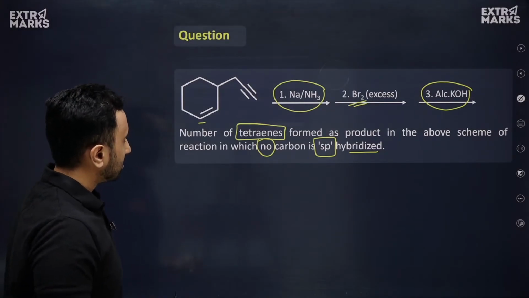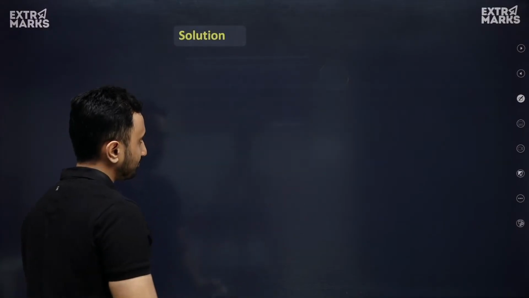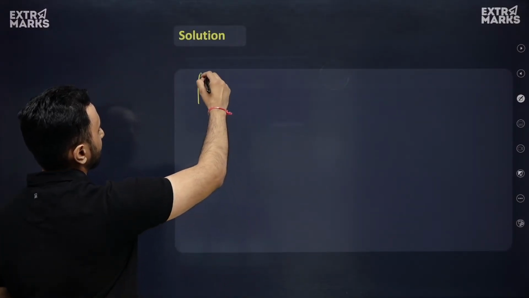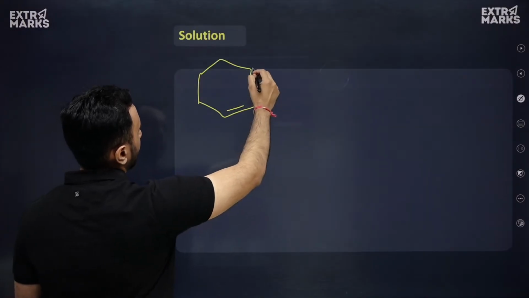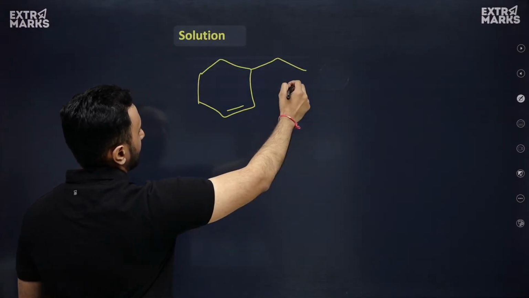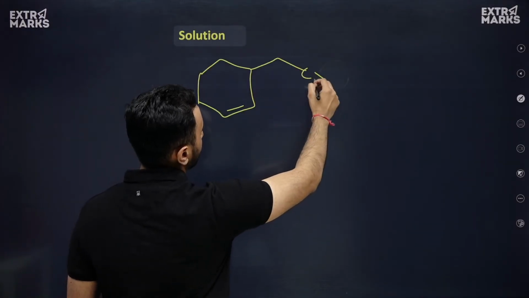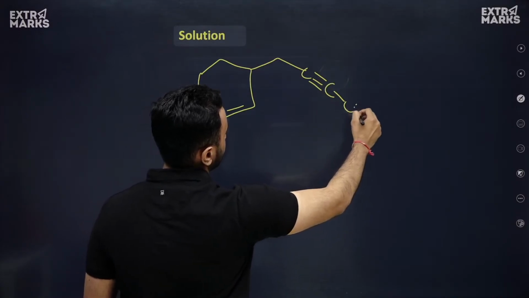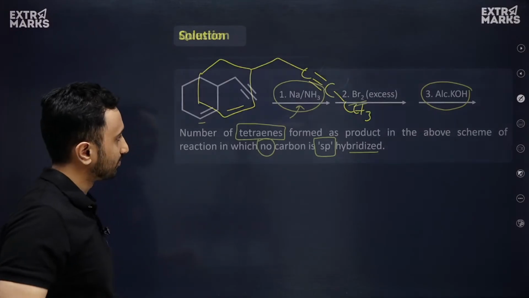So let's see these steps one by one. First is this Birch reduction. What will happen? Here we have this compound. Here we have 1, 2, then this triple bond 1, 2, 3 and this CH3, 1, 2, 3, 4 and this ring.